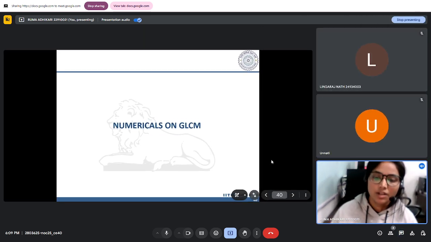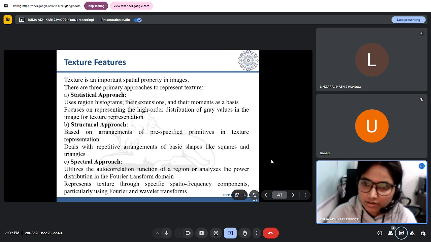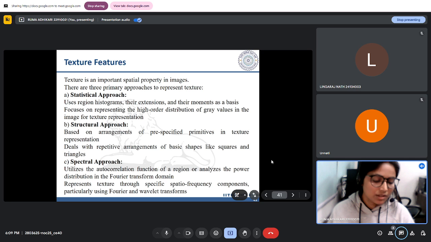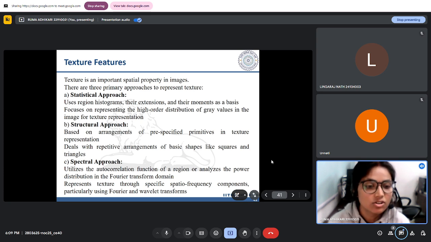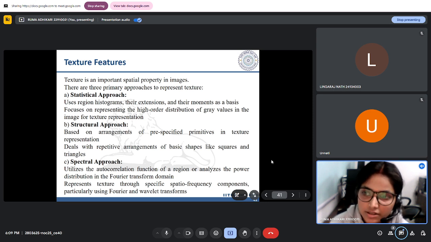Now today it is the next part of the GLCM, that is the gray level co-occurrence, texture feature. So texture is an important spatial property in images. There are three primary approaches to represent texture in SAR: statistical approach, structural approach and spectral approach. By statistical approach, we use region histograms, their extensions and their moments as a basis.